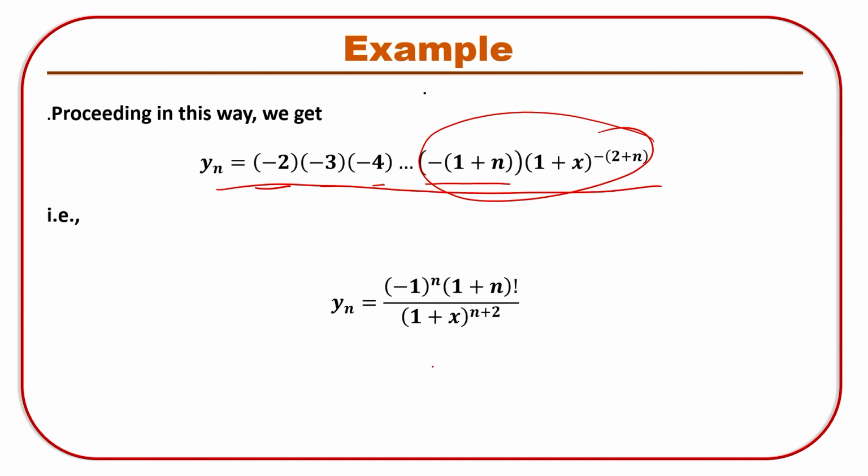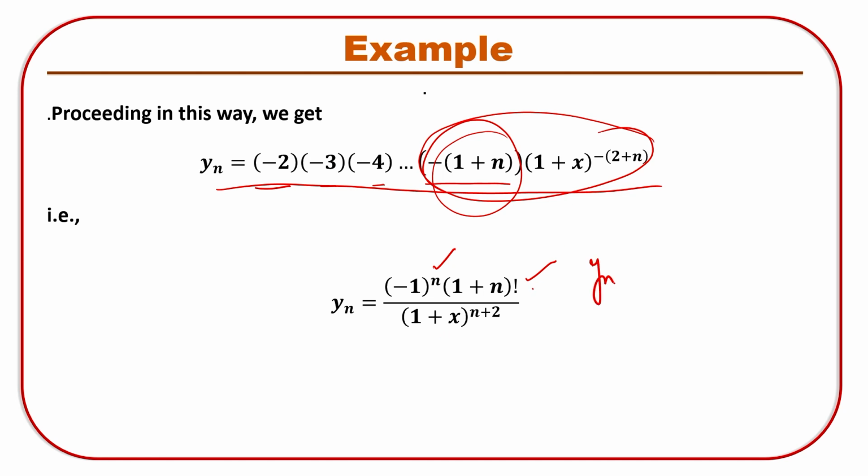This can be converted, and as you can see here, this is going to be a factorial, 1 plus n factorial, but is it negative or positive depending on n? So minus 1 power n, 1 plus n factorial, and this can be written as (1 plus x) to the power n plus 2.